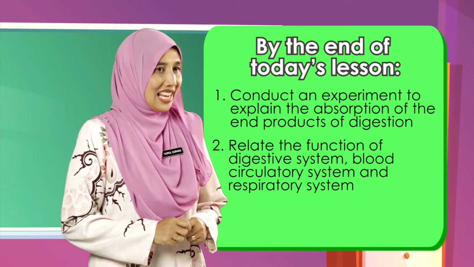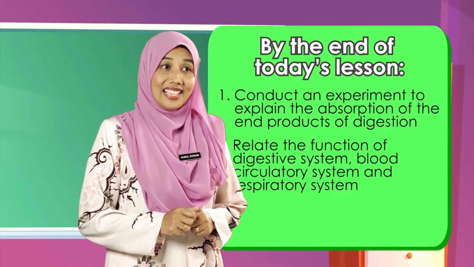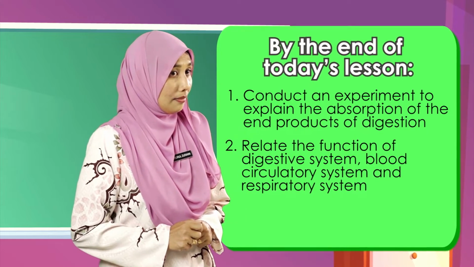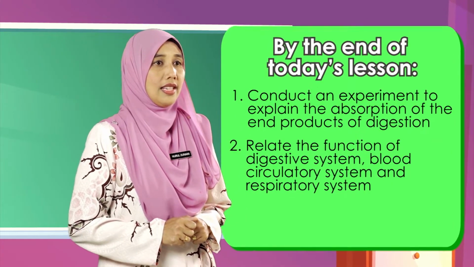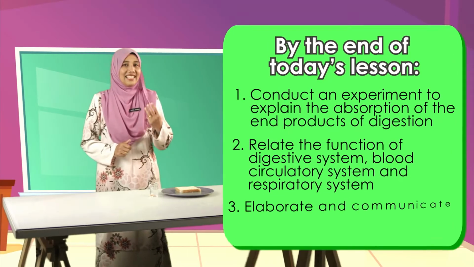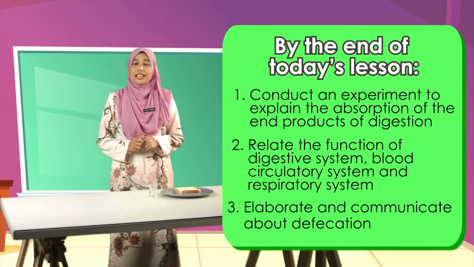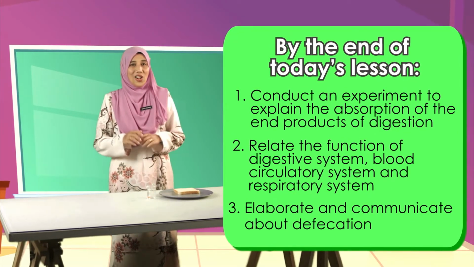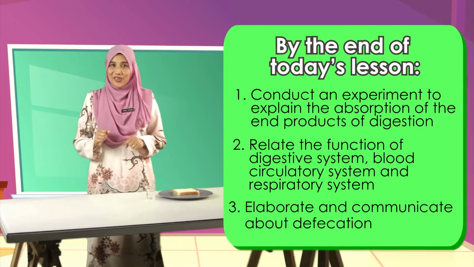Second, relate the function of the digestive system, the blood circulatory system, and the respiratory system. And third, elaborate and communicate about defecation. Alright, now are you ready, boys and girls?